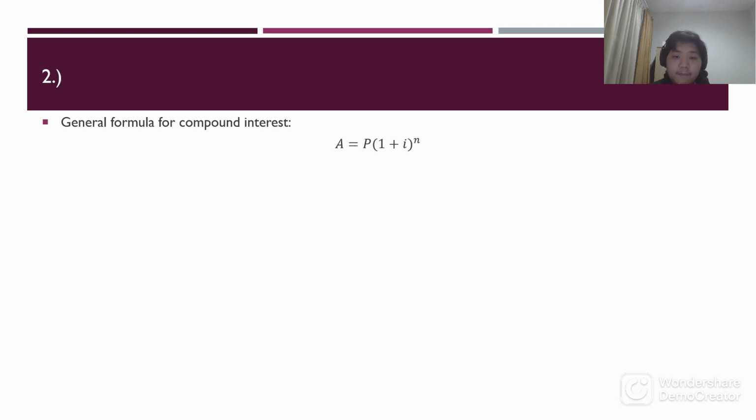P times (1 plus i) to the power of n will be solved later on. P shall be the initial payment or the initial value of the money given into the formula, so it can be either the money that they stored, or if they pay off the mortgage. The i stands for the ratio at which the money will grow.